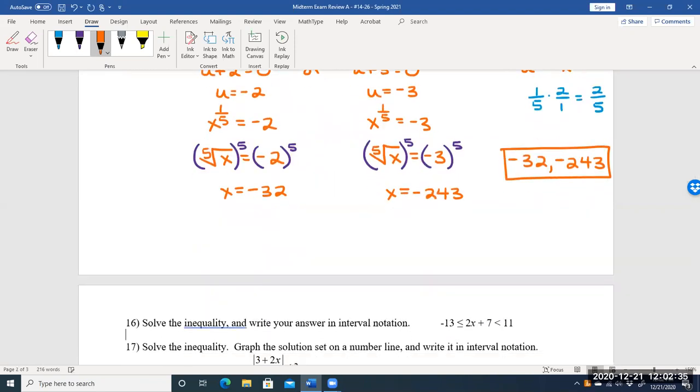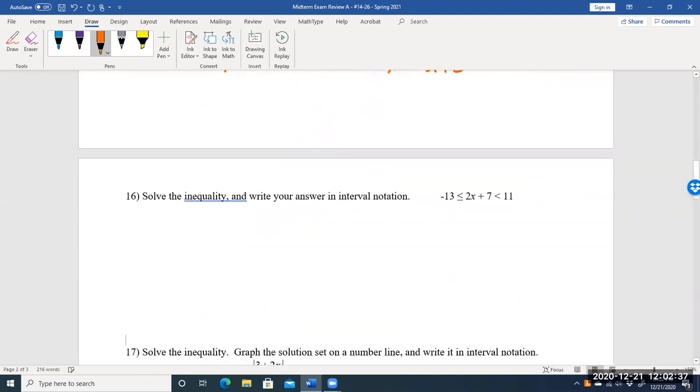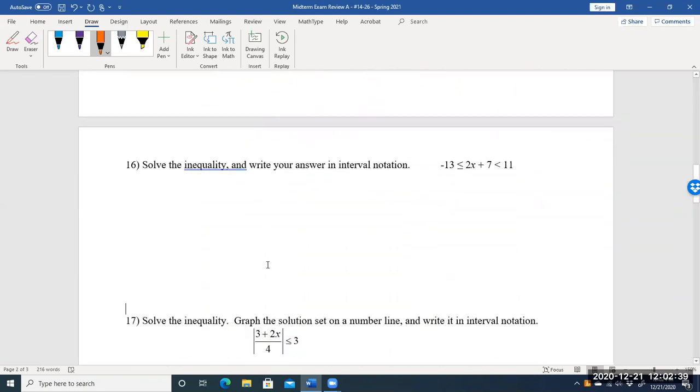All right, let's look at our next one, number 16. So we are supposed to solve and write our answer in interval notation. To solve this, our goal is to isolate x in the middle, and whatever we do to the middle to isolate x, we must do to all three parts, so the outside parts as well.